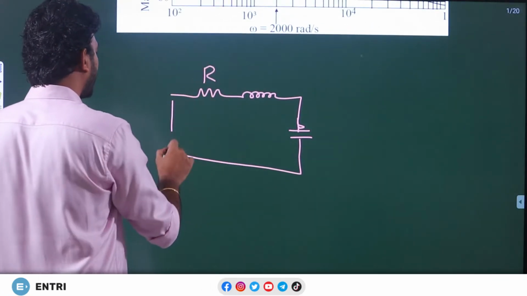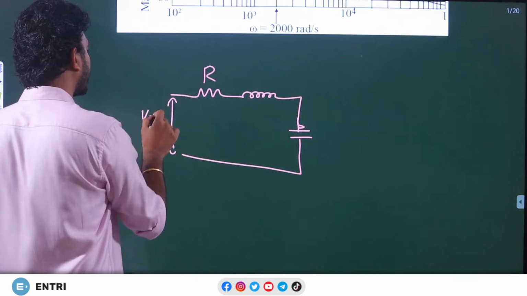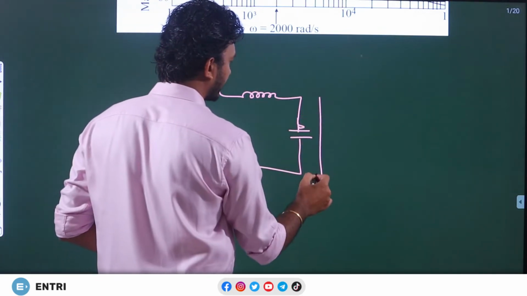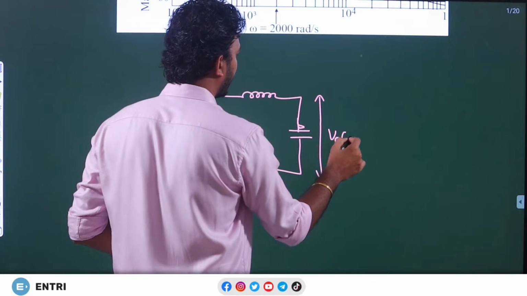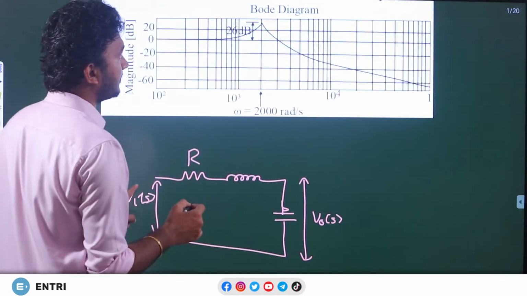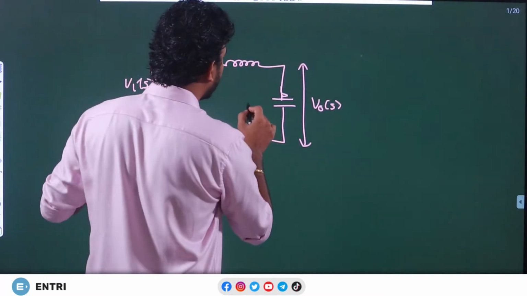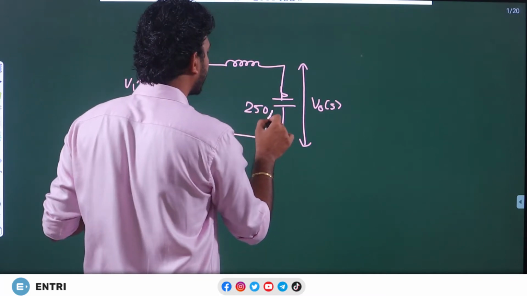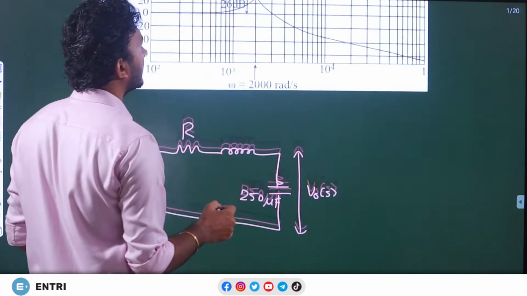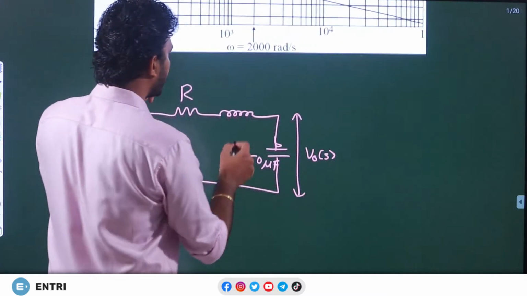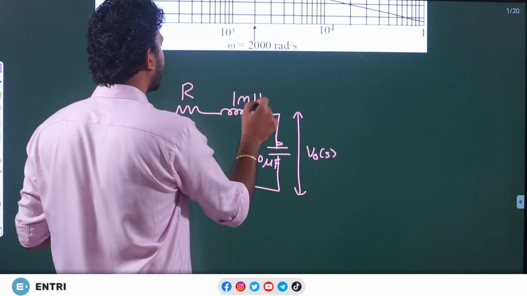This value we do not know, this is Vi of s and this is V out of s. This is 250 microfarad and this is L, 1 millihenry.